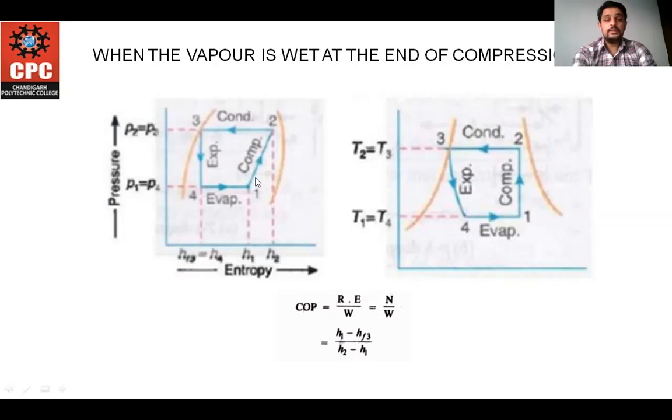That's why the point which depicts the end of the compression, that is 2, is coming behind this saturated vapor line or dry vapor line. The point has drifted a little bit towards the left.